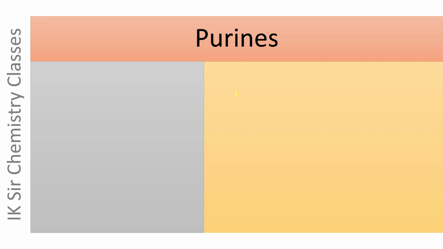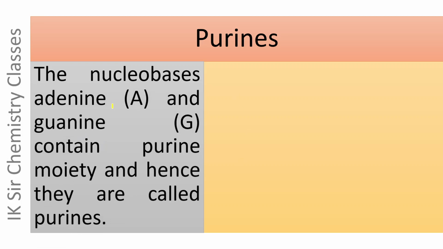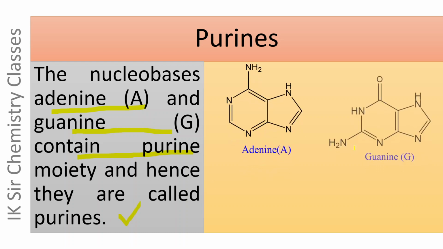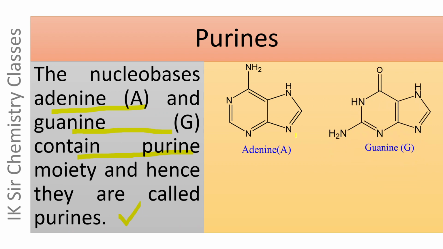And purines. The nucleobases adenine and guanine contain purine moiety, and hence they are called purines. It is adenine and it is guanine, and these two have purine moiety, and hence adenine and guanine are called purines.